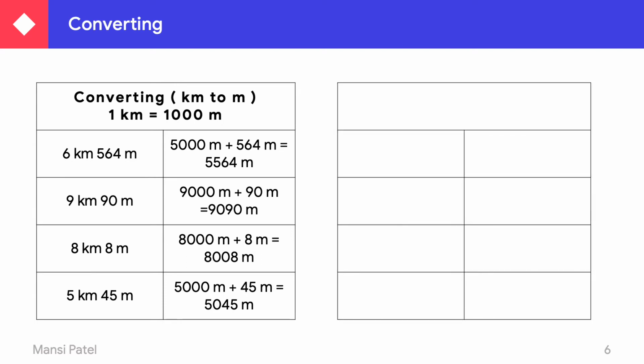Now we converted kilometer to meter, we already studied. Now we have to convert meter to kilometer. And as we know that 1000 meter is equal to 1 kilometer. So 2390 meter convert into kilometer and meter.